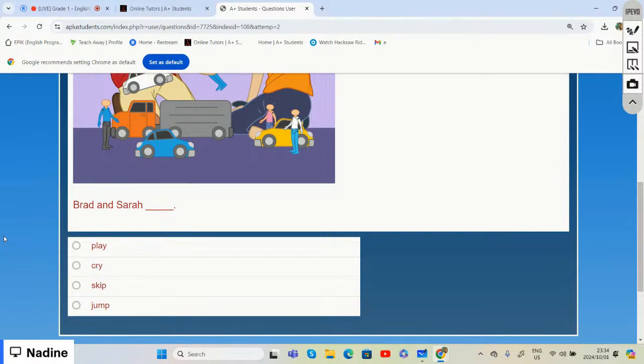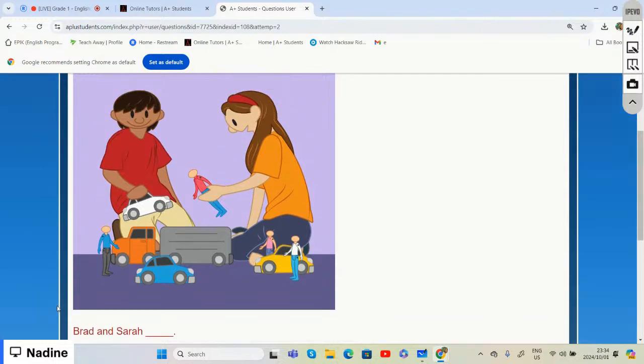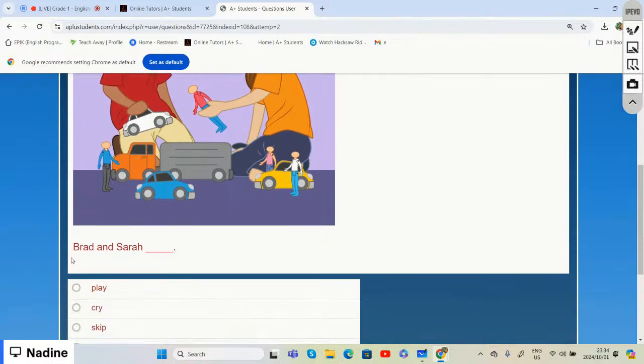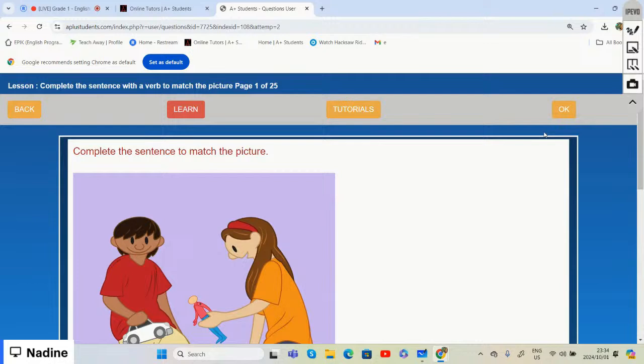And if we were to identify or select the action verb, we can say Brad and Sarah play. So what is Brad and Sarah doing? They play, right?